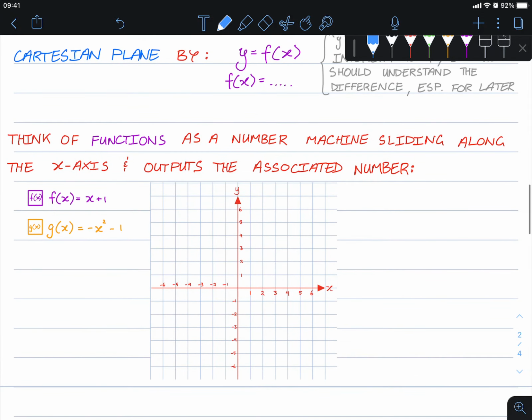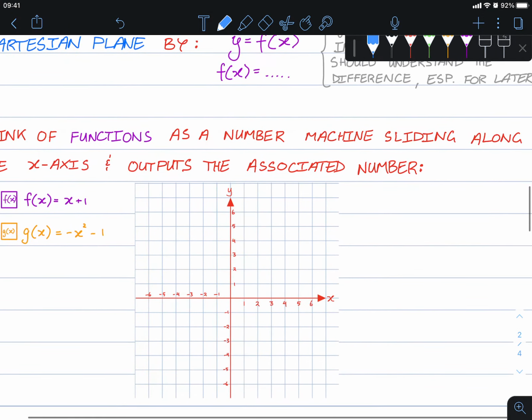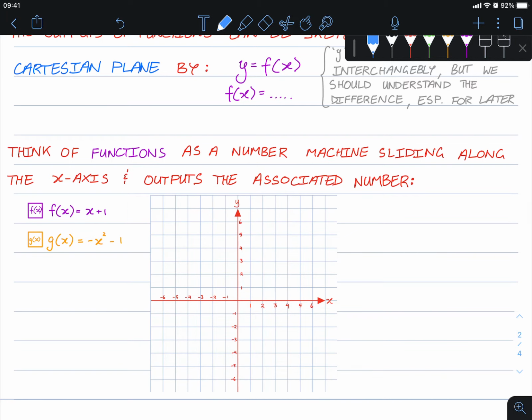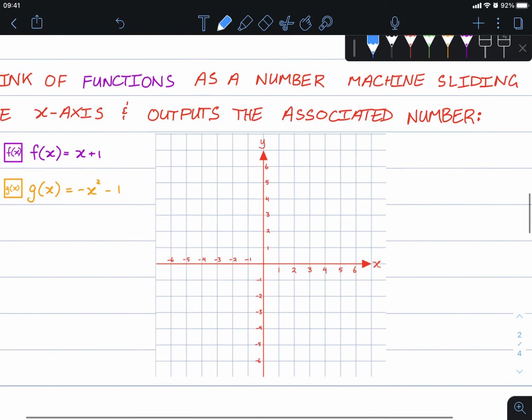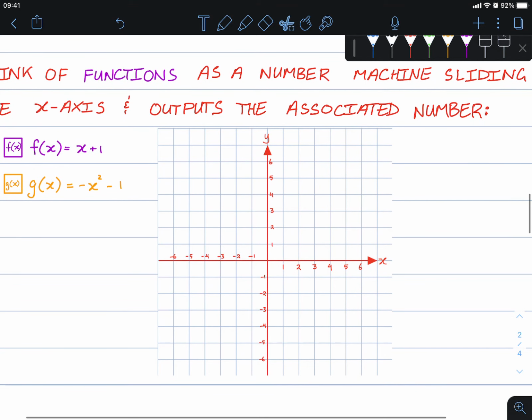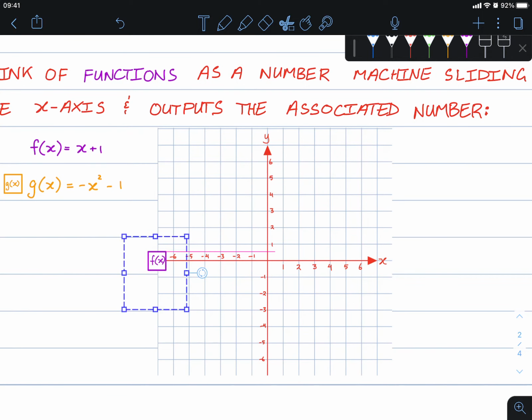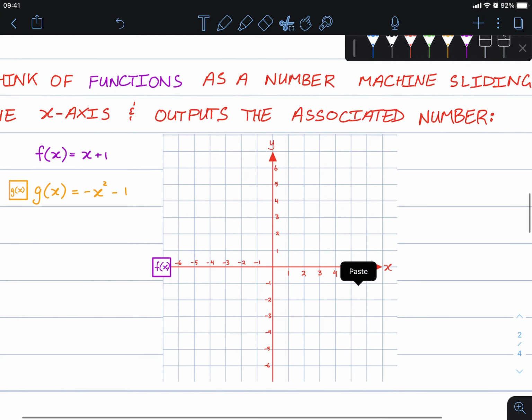So think of functions as a number machine sliding along the x-axis and outputting the associated number. Here we have an example of what I mean. Let's take this number machine and place it along the x-axis.